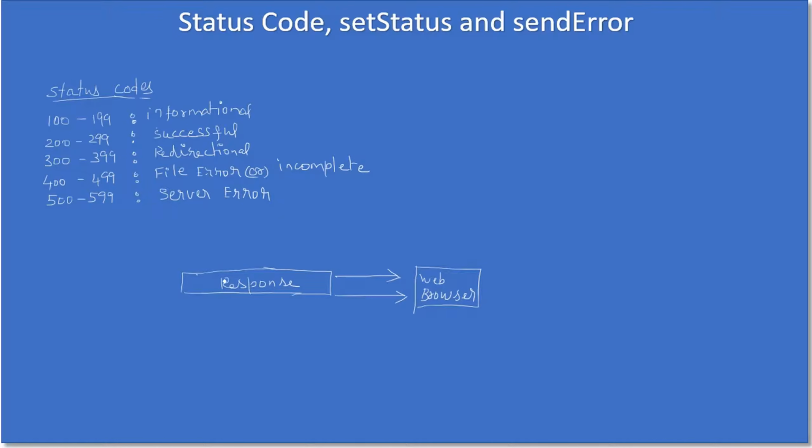So the HttpServletResponse object can send this status information to the web browser using two methods. One is sendError. SC stands for status codes.